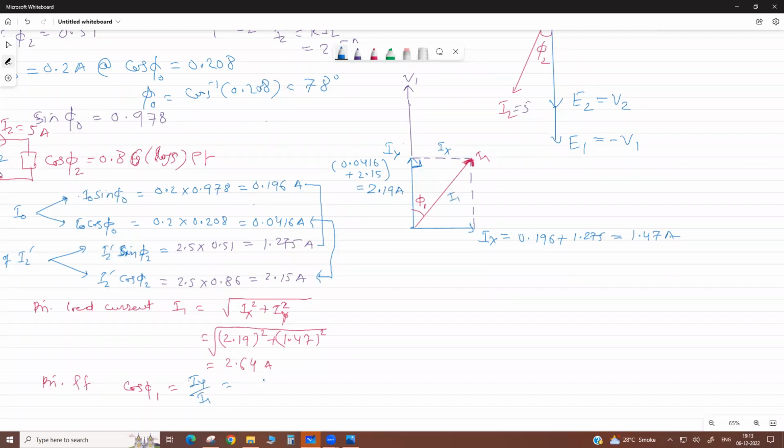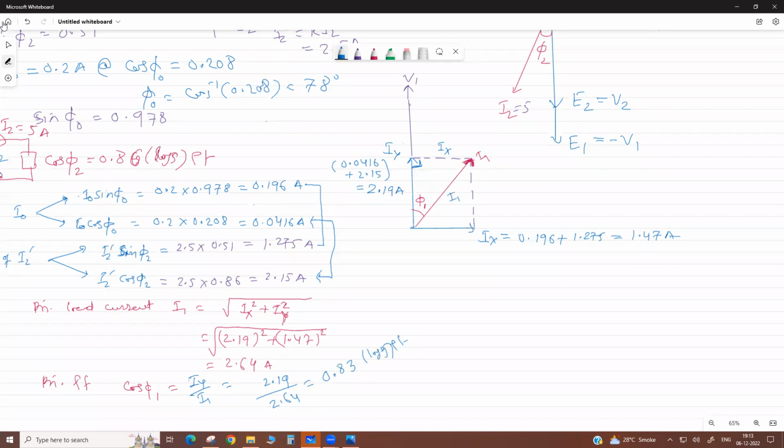Iy is 2.19 divided by I1 which is 2.64. It comes to 0.83 lagging power factor. So this is the overall power factor.